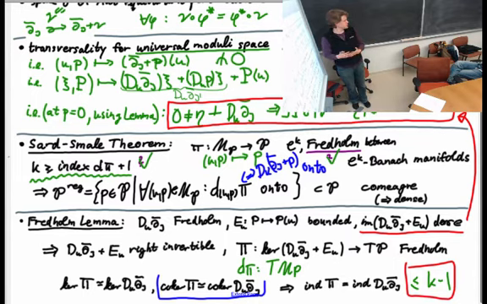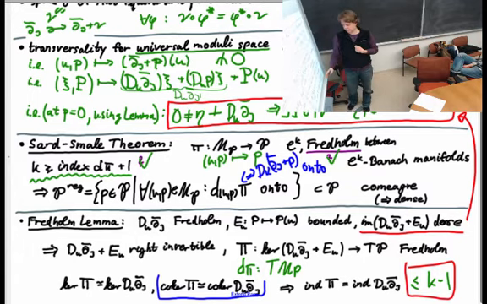And that's a little bit subtle, right? Unless you can find a way of describing your universal moduli space as cut out from a smooth Fredholm section, you get some limitation here on the indices in which you can get regularity. Which again is not so bad, because we're not just going to get dense sets, we're going to get co-meager sets.